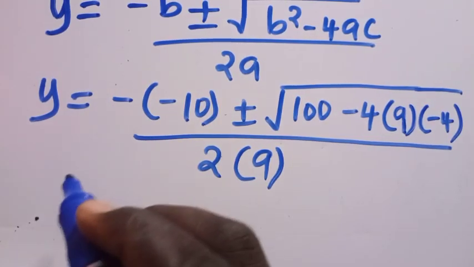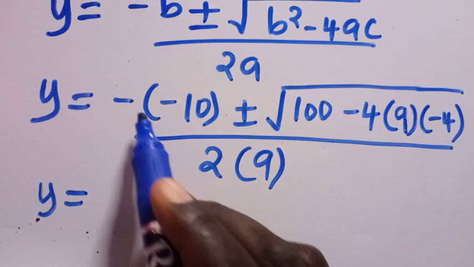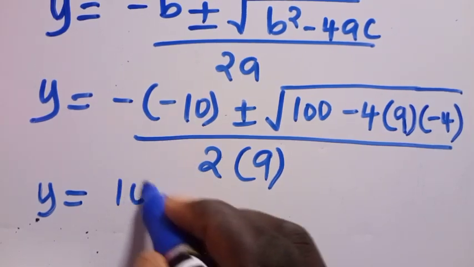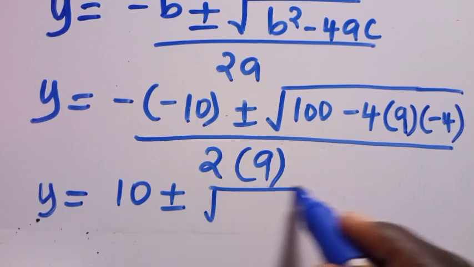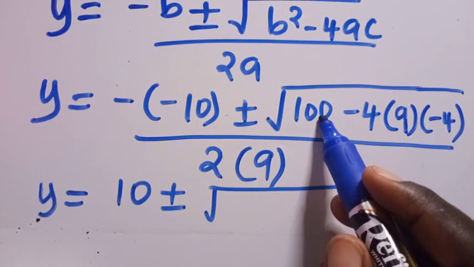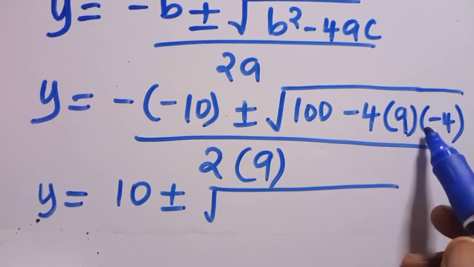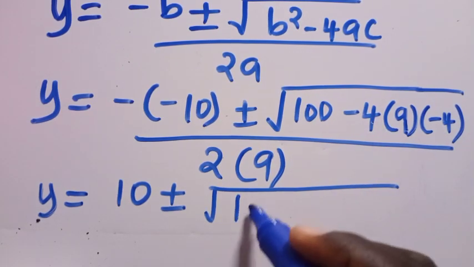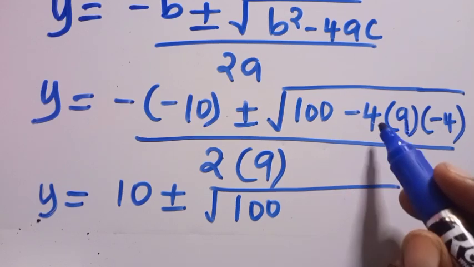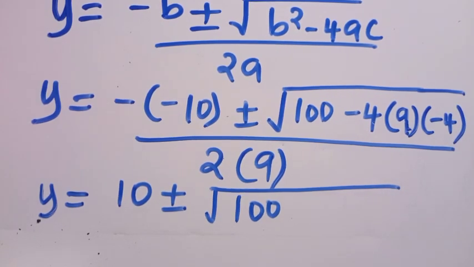Therefore, we shall have y equals negative 10 is positive 10, then plus or minus the square root of 100 minus 4 times 9 times negative 4. So we shall have 100, then negative 4 times 9 is negative 36.